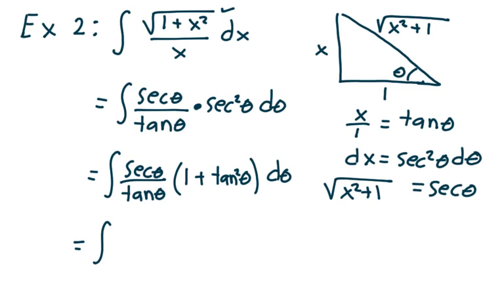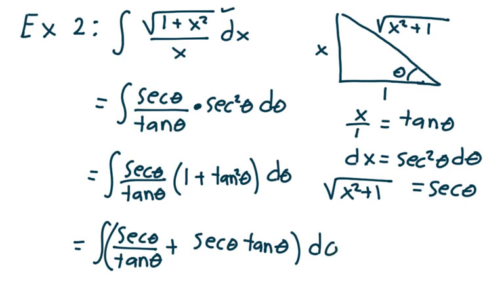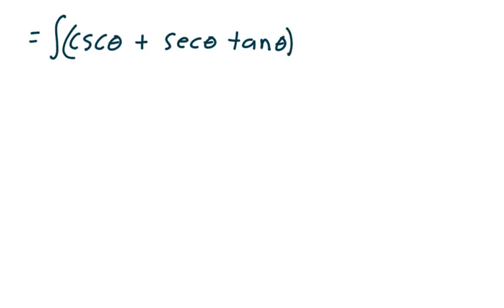And this is the integral of secant theta over tangent theta plus secant theta tangent theta d theta. So I'm going to carry this down a bit. Now, this is equal to the integral of cosecant theta plus secant theta tangent theta d theta.